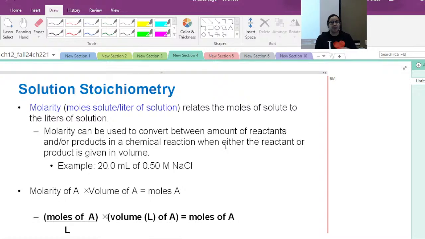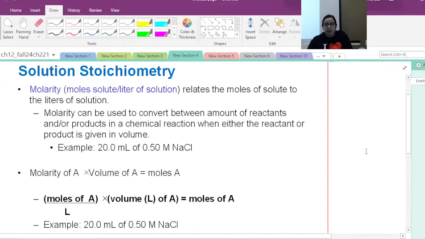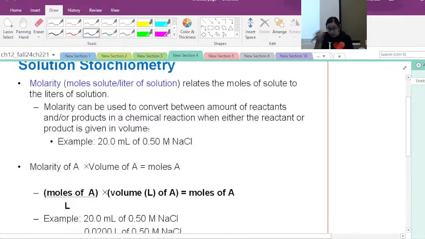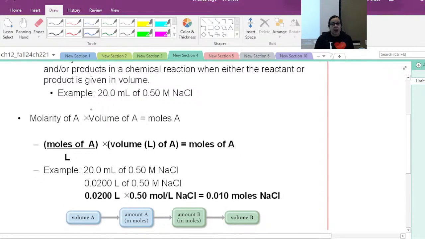Again, they tell us molarity, so moles over liters. There's our moles again, and we will use this to find whatever we need. This is just emphasizing how you get to moles if you're given volume and concentration.